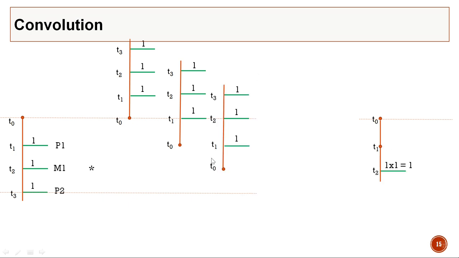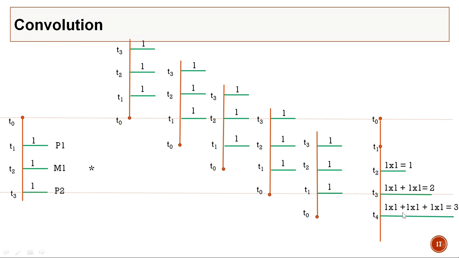Now again you slide past. At t2 you have 1 times 0 plus 1 times 1 plus 0 times 1, so it will be just 1 times 1, and you get an output of 1. You slide one step further, so now you have 0 times 1 plus 1 times 1 plus 1 times 1, and the others 0 times 0, so you get 1 times 1 plus 1 times 1 equals 2.